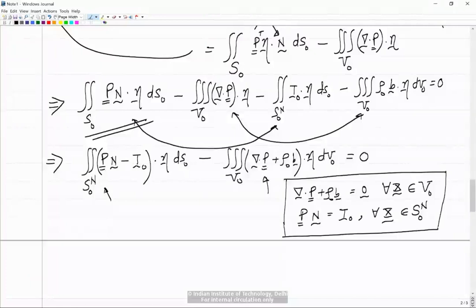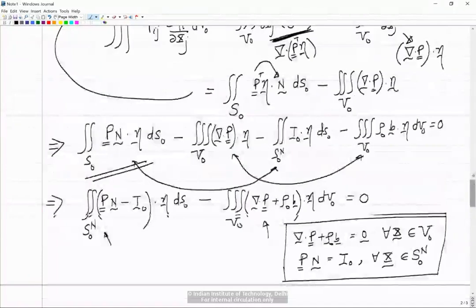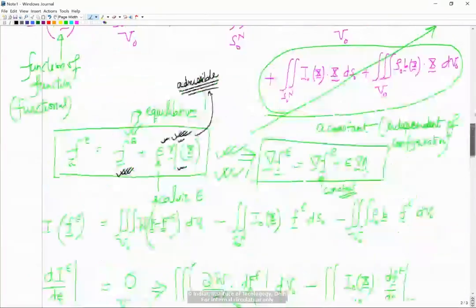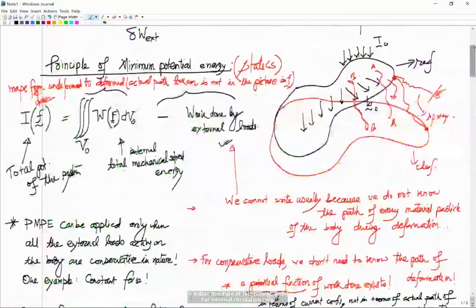It's just that the derivation using minimization of potential energy is restrictive in the sense that the external loads must be conservative. Otherwise, you get the same equation. Okay. Likewise, also you see the principle of virtual work that we worked out in the last class.